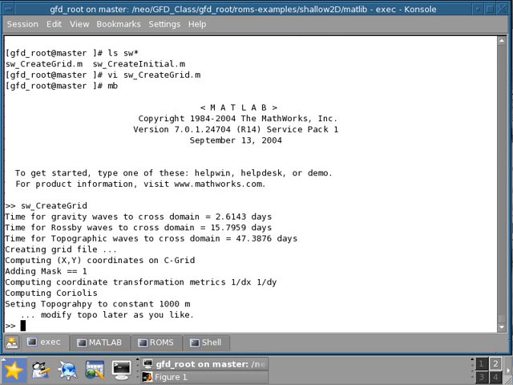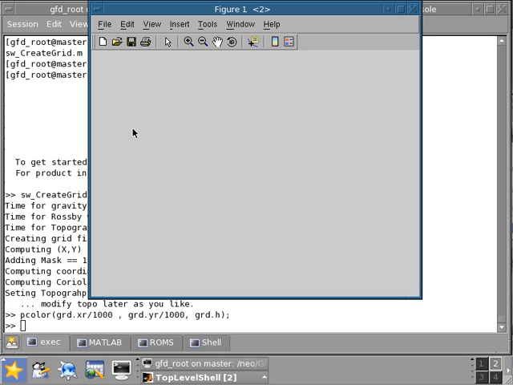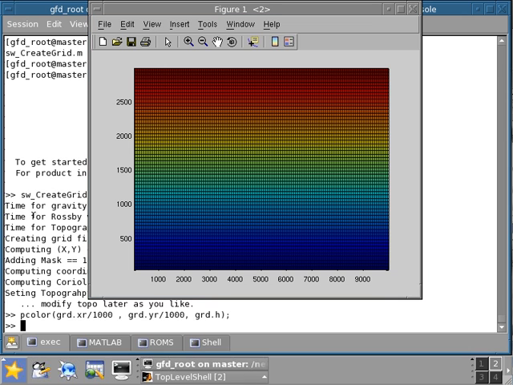Okay, and now I'm going to pcolor grd.xr, which is the distance divided by 1,000 to have it in kilometers, grd.yr divided by 1,000, comma grd.h, which is our new topography. And I'm going to also put a color bar here in the horizontal direction.